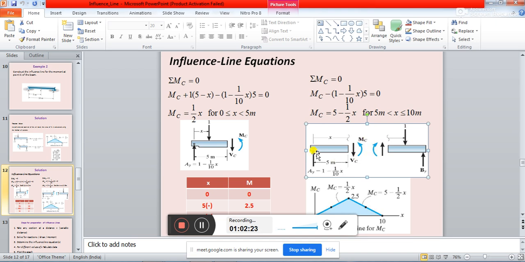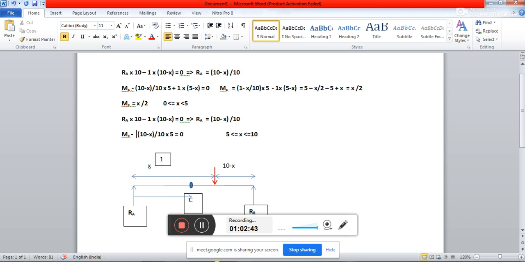You are taking moment about this point C, when the load has already left this point C. So the moment of this unit load you need not consider while taking moment about this point C, and that's why you will be getting two different equations.